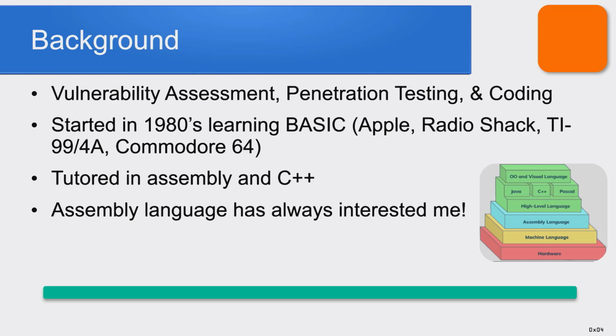To give you a little background, in Apple BASIC you would do HOME to clear the screen. On Radio Shack, you would do CLS. On Texas Instruments, you would do CALL CLEAR. On the Commodore 64, I believe you would do a print statement of some sort to clear the screen. So it was all kind of different BASIC code back then for each system.